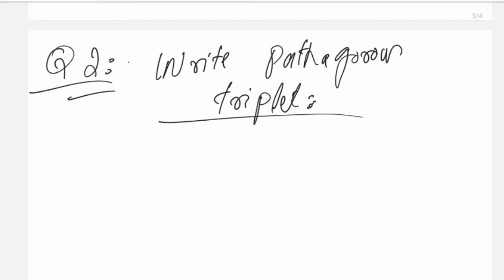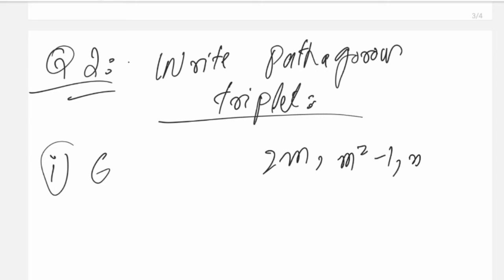So how will we write the Pythagoras triplet? The first one is 6. Now what is a Pythagoras triplet? It is 2m, m square minus 1, m square plus 1. This is called a Pythagoras triplet.